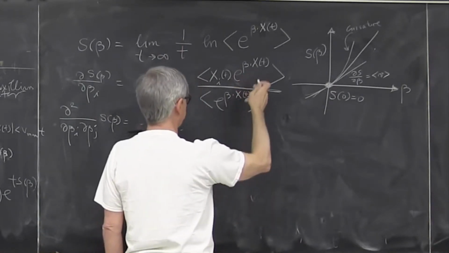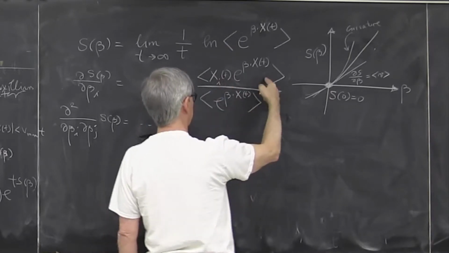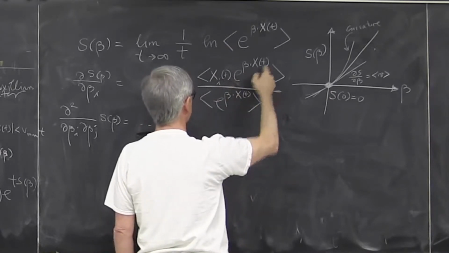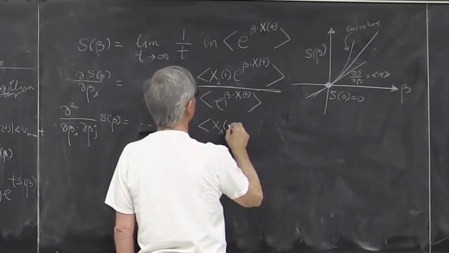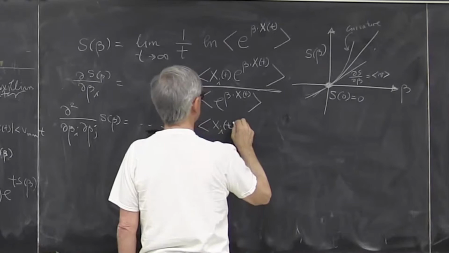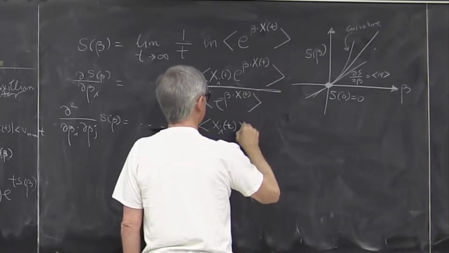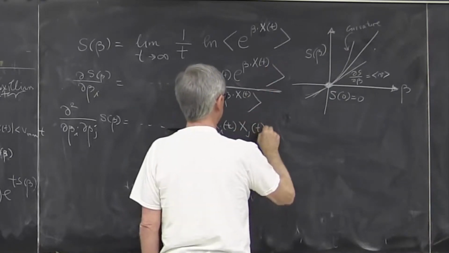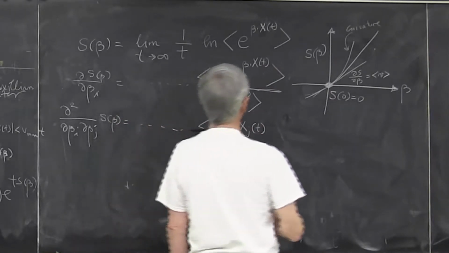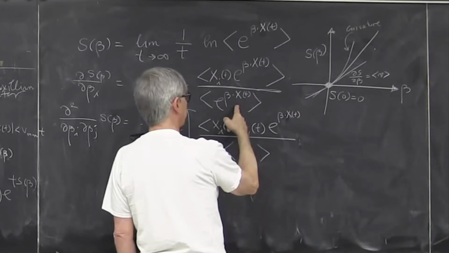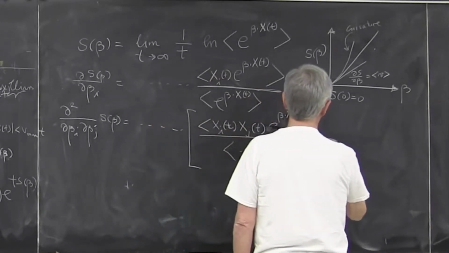And then if I go upstairs, the only dependence is in beta, so I'll get xi from before. And now I'll bring xj. That's something bilinear in position at time t and its components. When I take derivative of this object, I get minus.